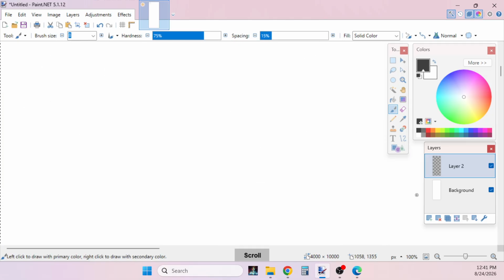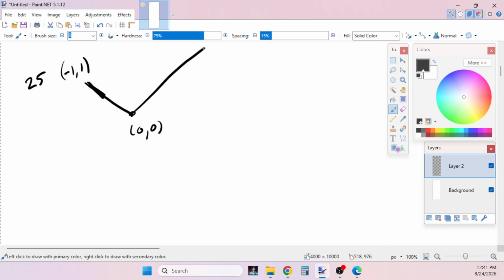So let's draw it again. I'm going to make this a little bigger so we can see some rectangles. Here's the point -1, 1. Here's the origin, 0. And here is the point 2, 2.